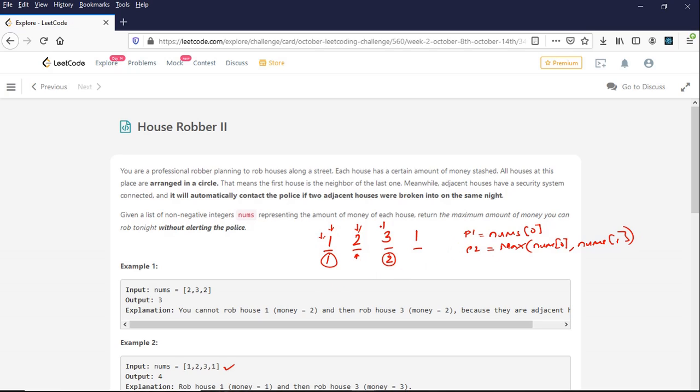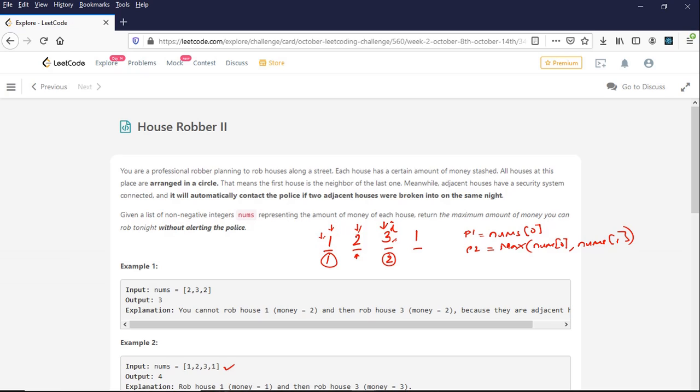But what happens if I am at the second index, if the index starts from the 0th index? If this is my I value, the index value, at this point I can select the current value plus the non-adjacent previous value. So if my current position is at I, I can select this along with the previous non-adjacent best value.